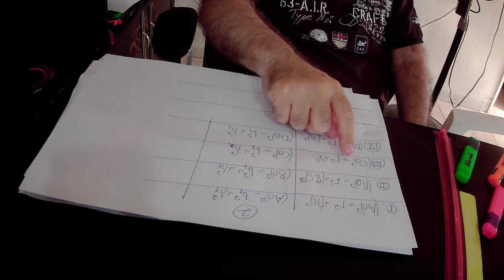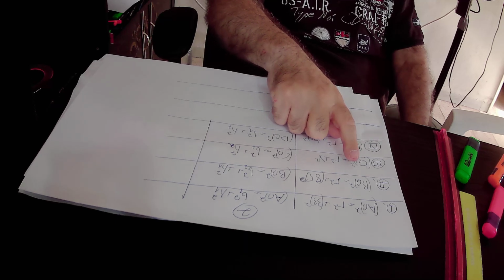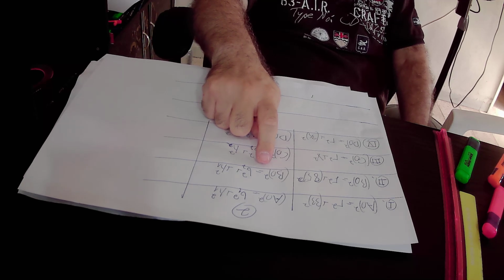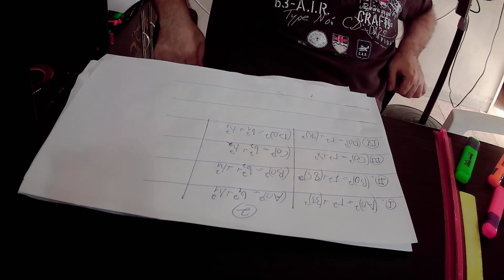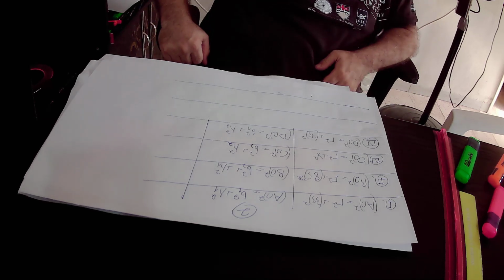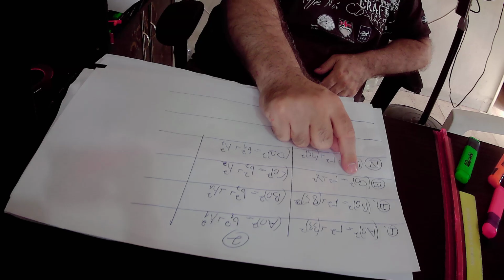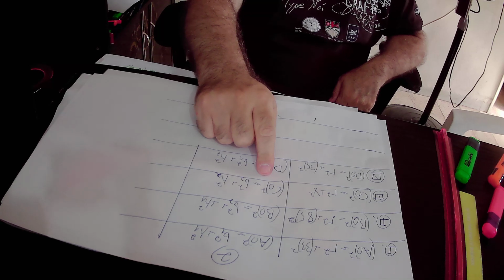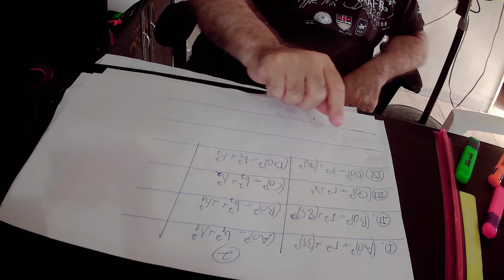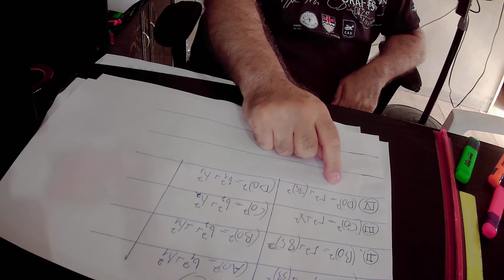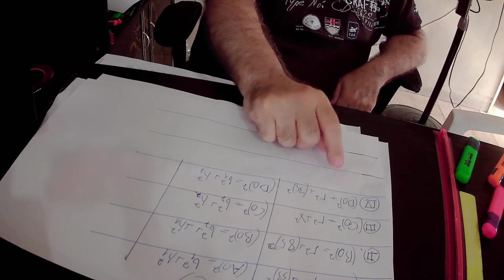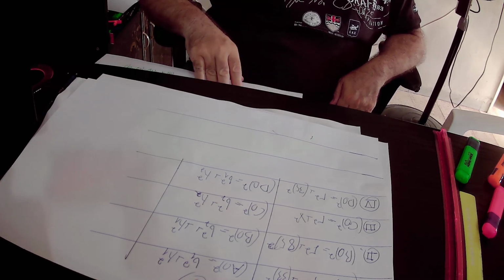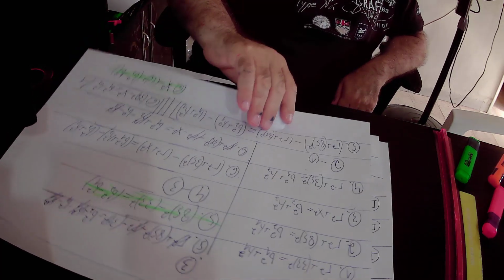Then BO square according to equation number 1 must equal BO square according to equation number 2. Then we created equation number 3, which says that CO square according to equation number 1 must equal CO square according to equation number 2. And finally, equation number 4 states that DO square according to equation number 1 must equal DO square according to equation number 2. So those are the four equations that we created.